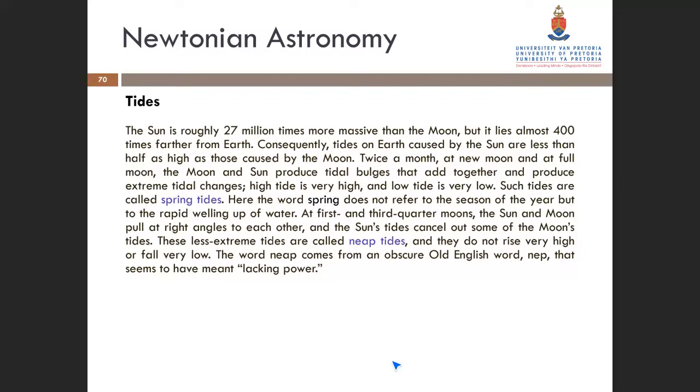These less extreme tides are called neap tides, and they do not rise very high or fall very low. The word neap comes from an obscure Old English word, nip, that seems to have meant lacking power. So these are also two definitions that you can remember for tests and exams.